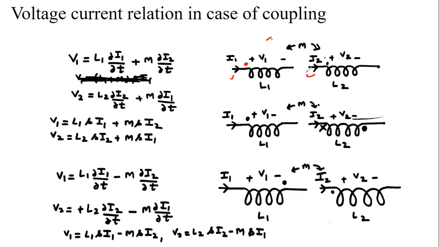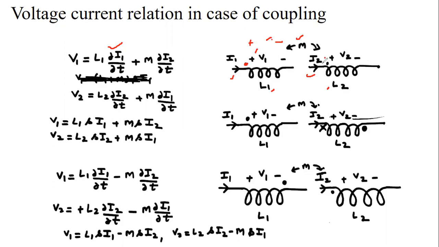So see, if these coils with inductances L1 and L2 are mutually coupled with a mutual inductance M, then what is the value of equations V1 and V2? So first, V1 has one voltage term due to I1, with the sign plus minus. So the first term is V1 equal to L1 del I1 by del T. This is due to the current I1.